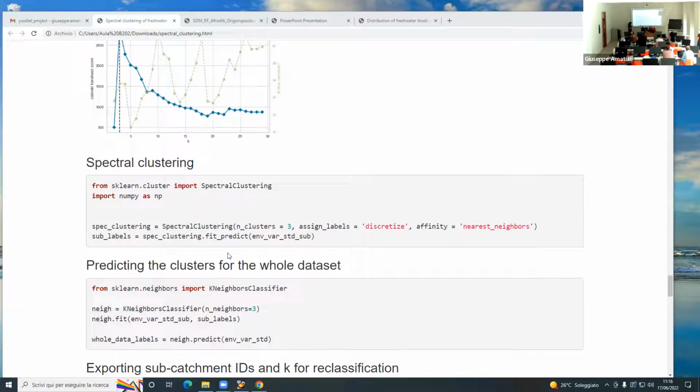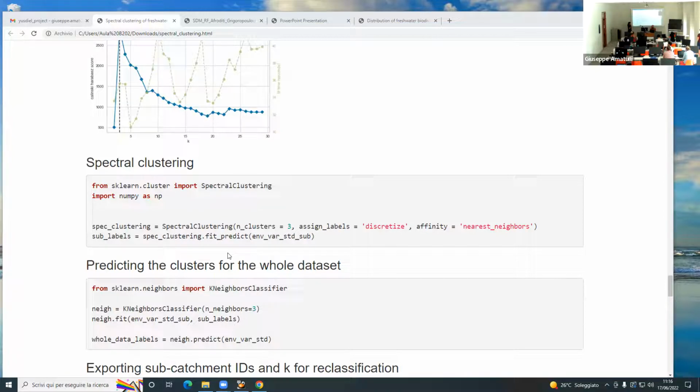So I did the spectral clustering for the subsegment. Now I had to predict to which cluster my other objects in the data set belong. For this, I used a neighborhood metric.